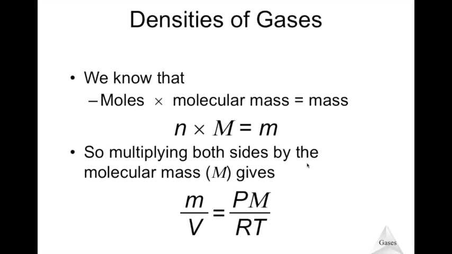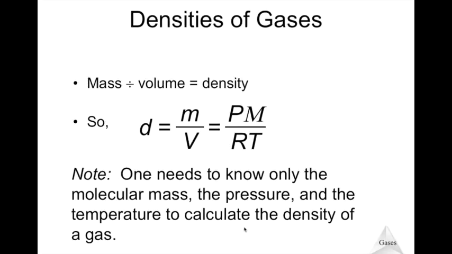If we multiply both sides by the molecular mass, we get little m, so mass over volume equals pressure times the molecular mass over the constant times temperature. And since mass over volume is density, now we can figure out the density of a gas.